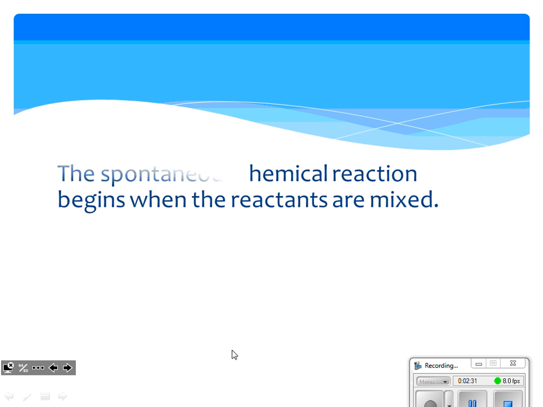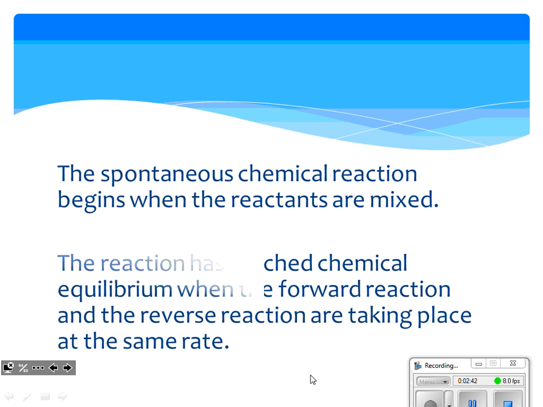That leads us to when this happens. A spontaneous chemical reaction happens when the reactants are mixed. So we put the two reactants together. The reaction goes in the forward direction, then the reaction also goes into the reverse reaction, which proceeds at the same rate as the forward reaction.